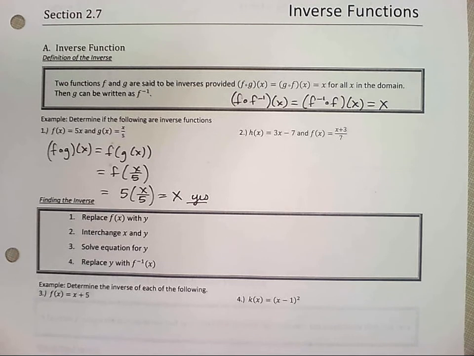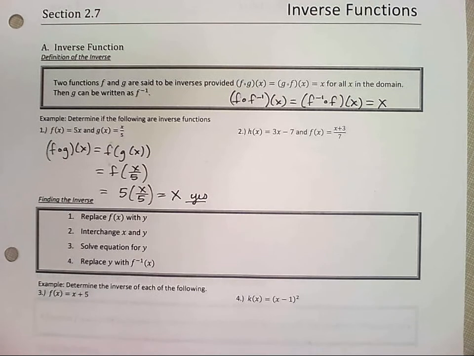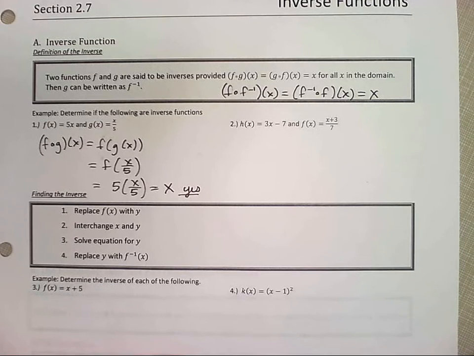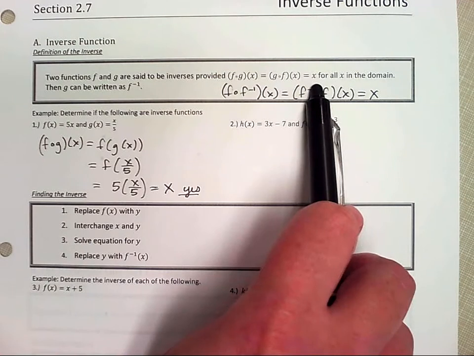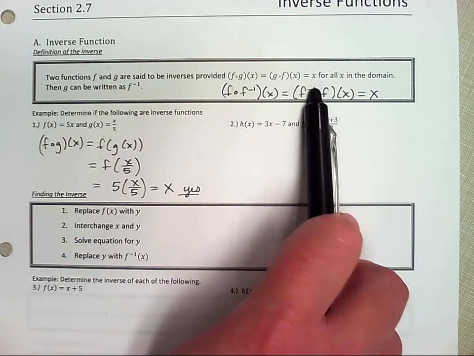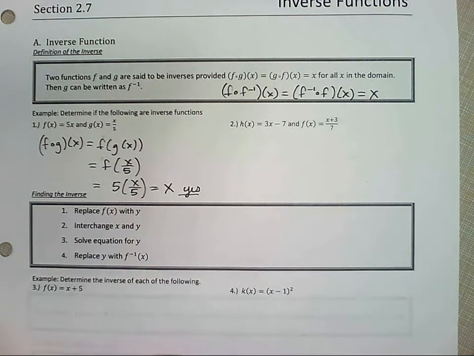All right, number 2, h of x equals 3x minus 7, and f of x equals x plus 3 over 7. So why don't you guys try that one on your own? You can either do f of g of x or g of f of x. You do it on your own, I'll do it up here. How do you know if they're inverses? If the composition equals x. So if the composition equals x, then they are inverses. If you get something else, anything else, they're not inverses.